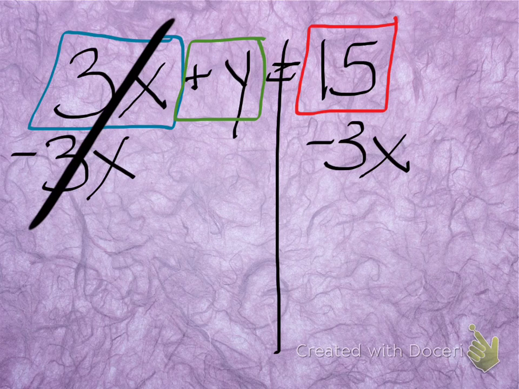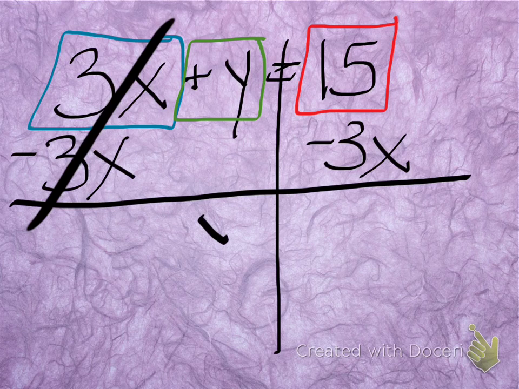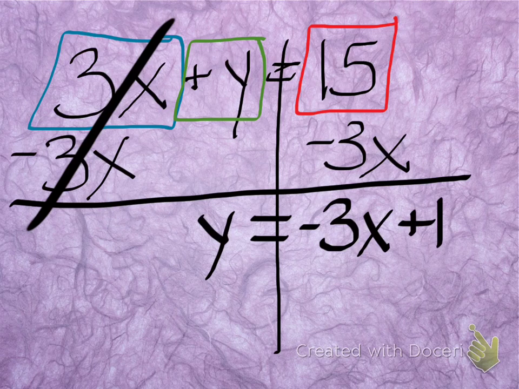So now this is gone, and I am left with y equals. Now again, negative 3x and 15 are not like terms. I cannot combine them. So I'm just going to copy down negative 3x plus 15, because the 15 is positive. And I'm done, because y is by itself.